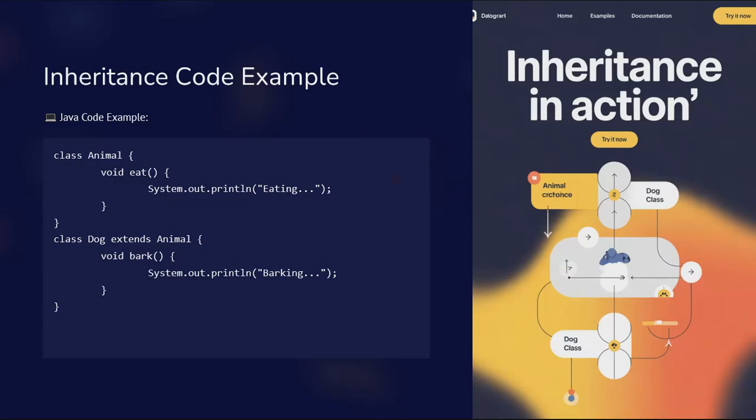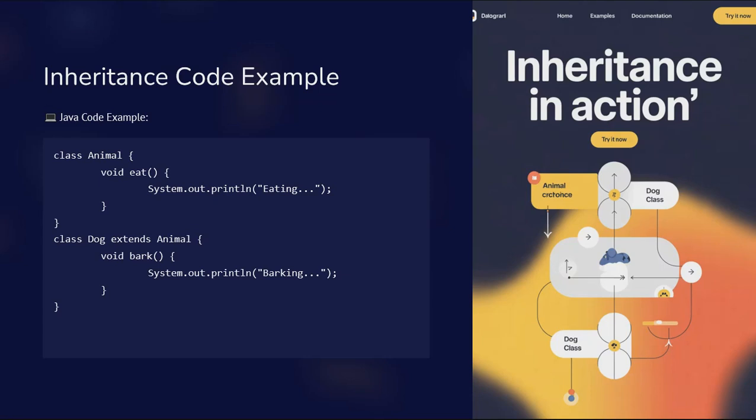Here is a simple code example. Again, an Animal class with void eat as a method. Now class Dog extends Animal, and the method of the Dog class is bark. So the Dog class can use bark, its own method, and it can also call the eat method from the Animal class.